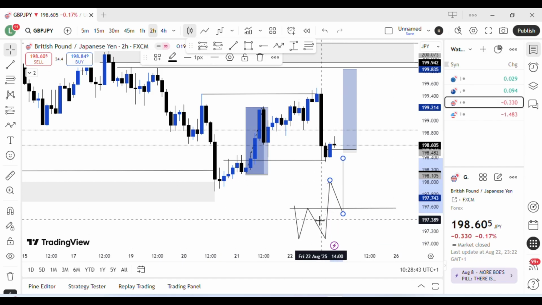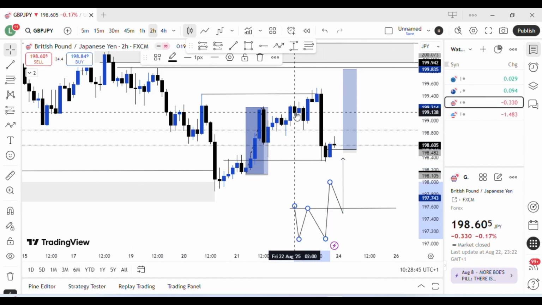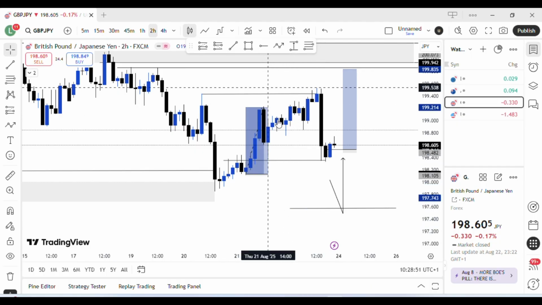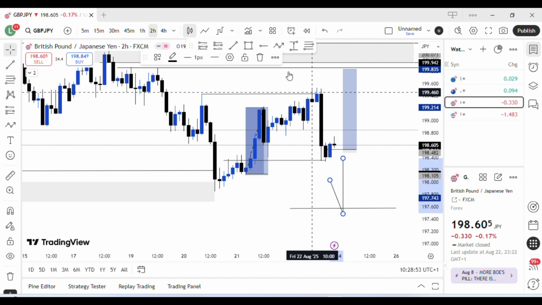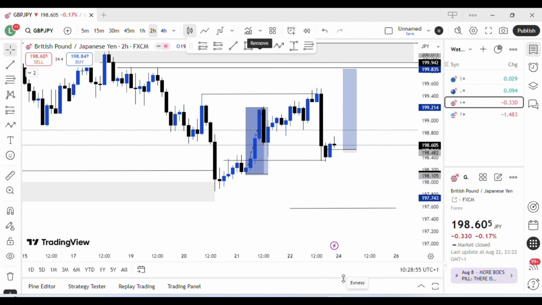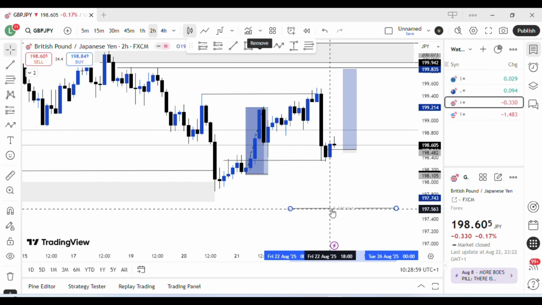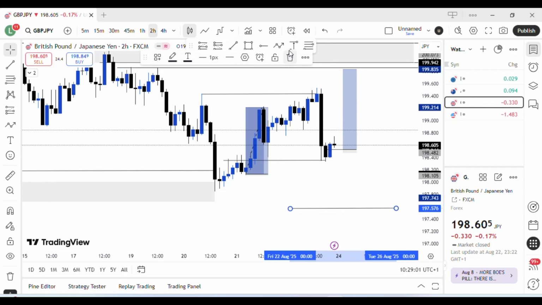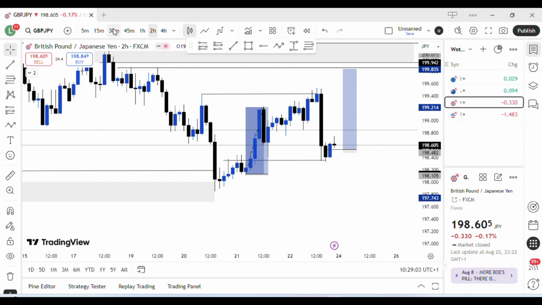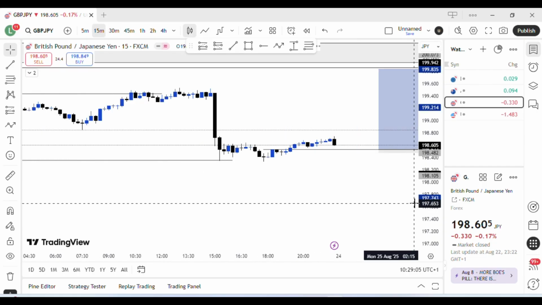For you to enter this trade, you have to go back to your lower time frame and find something like a structural shift, on the 15-minute or 5-minute time frame. Let me say this is the 15-minute time frame.